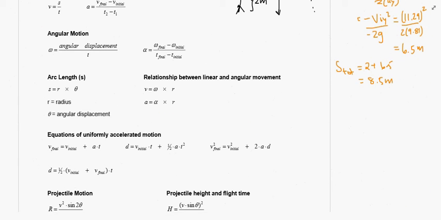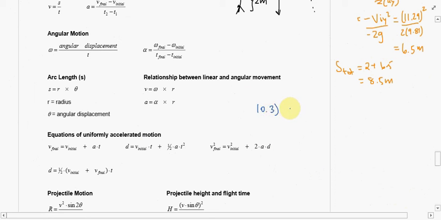10.3 asks for range. Remember that we could find the range, which is the displacement in the x direction, by utilizing this formula: initial velocity in the x direction times time, plus 1/2 acceleration in the x direction times time squared.